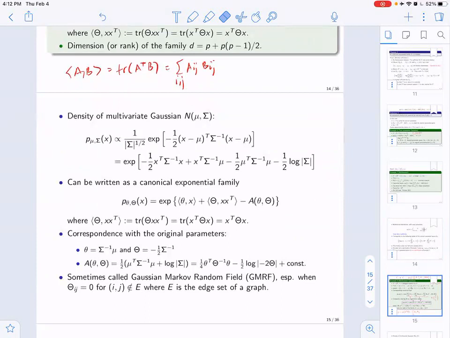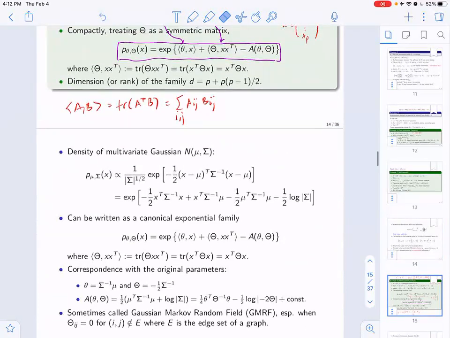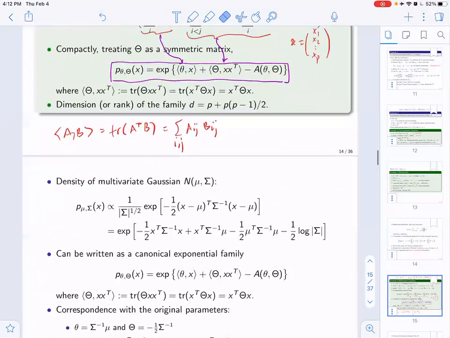You know the density of the multivariate Gaussian, and if you expand it, you get these terms. This would correspond to this, this term would correspond to this, and this part corresponds to this.